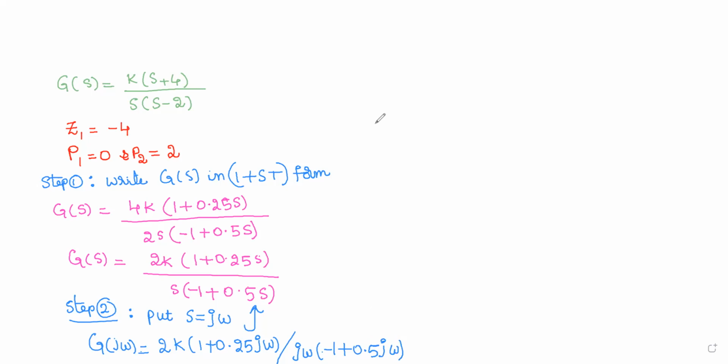Okay. So now step 3. So in step 3, we have to find the magnitude and phase of G(j omega). So find magnitude of G(j omega) and phase angle of G(j omega).